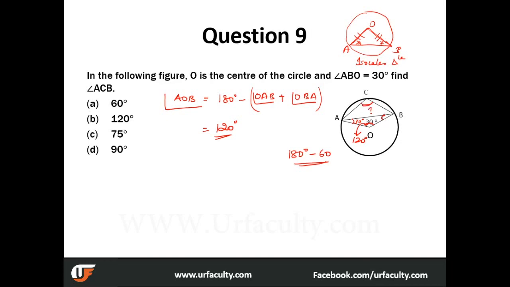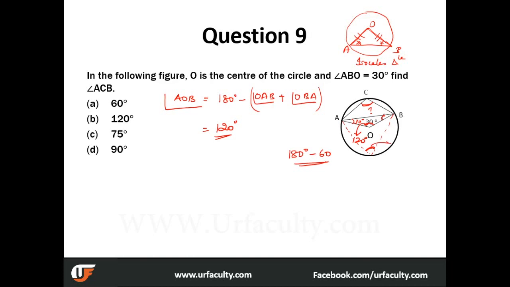To find this, our easiest approach would be to make this whole diagram into a cyclic quadrilateral. And how do we make it? We will draw a small construction. Now, if this is 120, what will be this value? We explained in our earlier problem that this will be half the angle created by the same arc on the center.